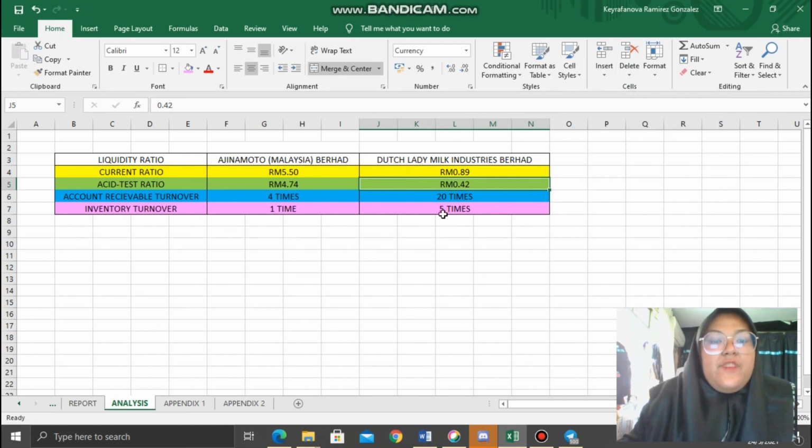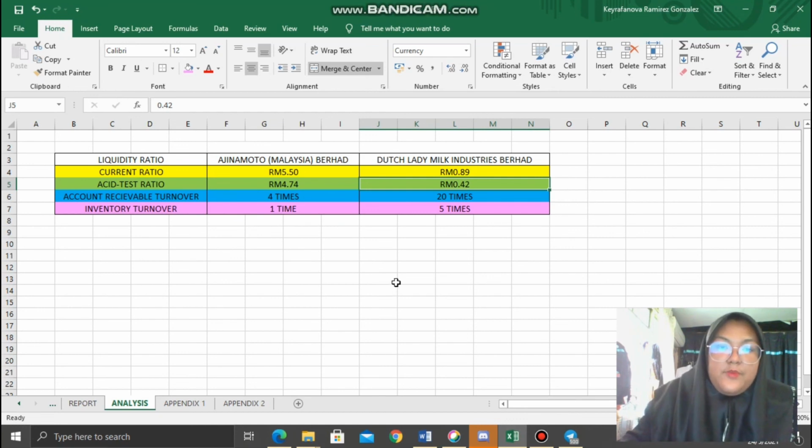And now for the inventory turnover, from the calculation, we can see that Ajinomoto Malaysia Berhad has inventory turnover of 1 time, which means it can finish the cycle in 1 year. Meanwhile, Dutch Lady Milk Industry Berhad has 5 times in the inventory turnover.